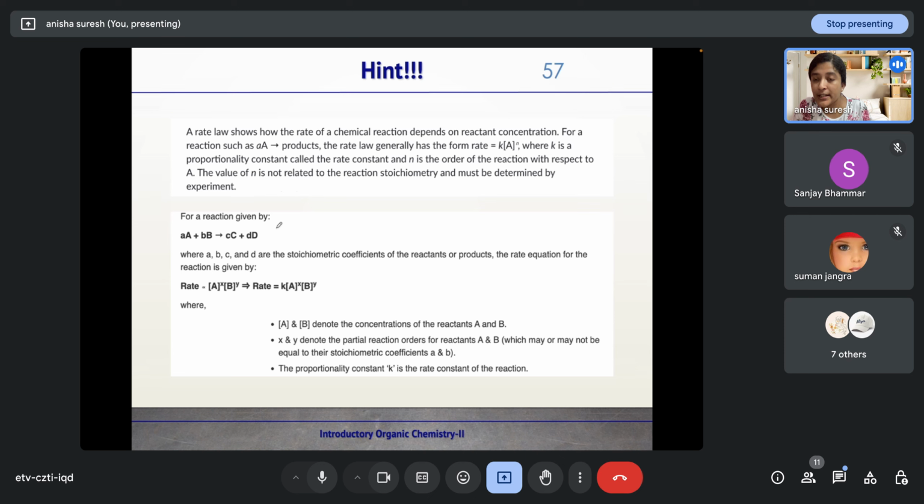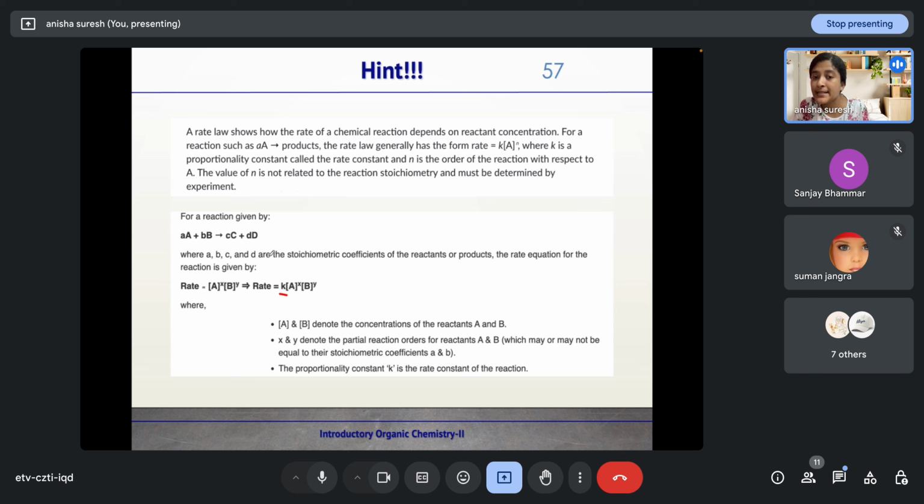So for a reaction given below, aA plus bB gives cC plus dD, the rate will be written like this. Rate proportional to concentration of A to the power x into concentration of B to the power y. And if we bring in a proportionality constant k, it will be rate equal to k into concentration of A to the power x into B to the power y.